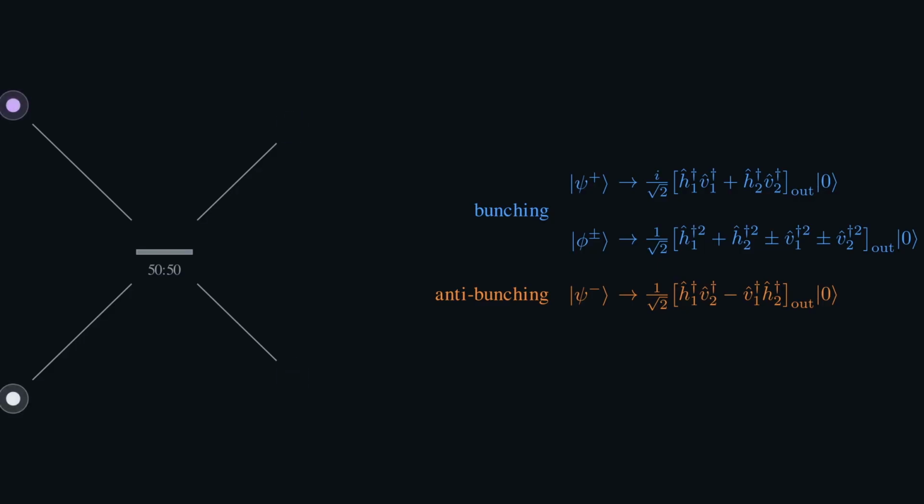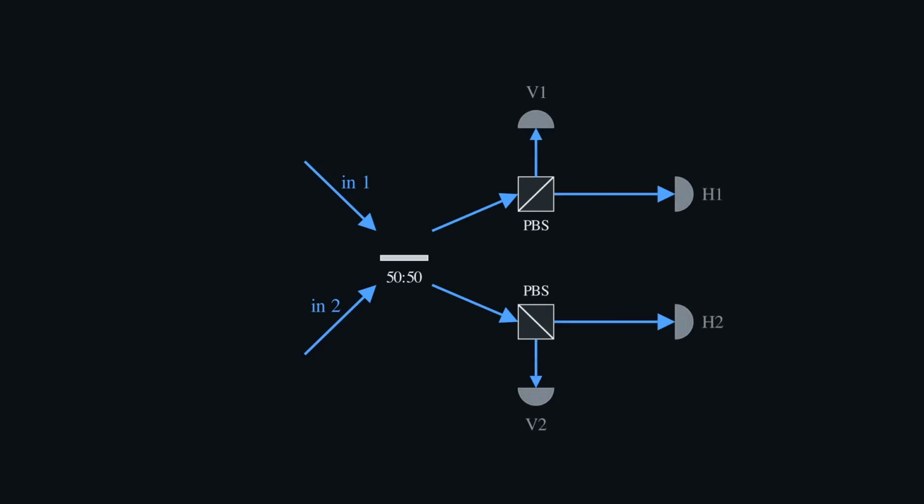For the phi state, we also see an instance of bunching, since the photons both exit in the same spatial and polarization mode. For the psi minus state, we see an instance of anti-bunching, because the photons exit in different spatial modes. Now that we understand what we should expect from this beam splitter setup, we can look at the full interaction of the Bronstein-Mann experiment with Bell states.